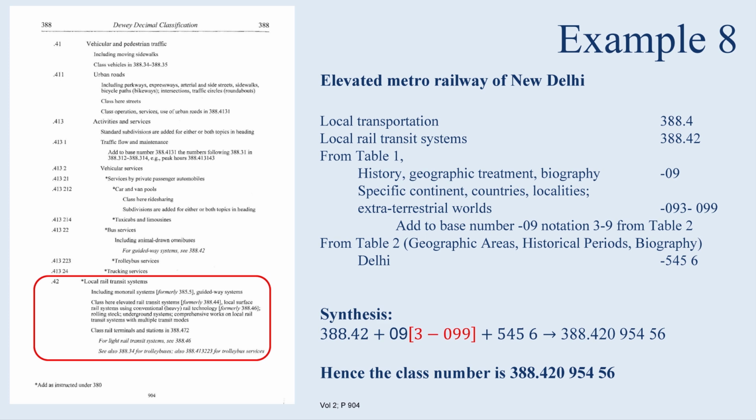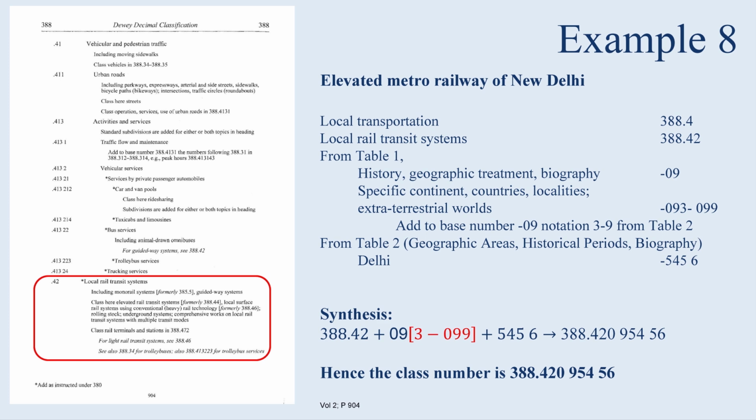So under the rail transit system, you will find all kinds of railway systems that serve locally. Previously, there were different numbers for metro railway or elevated railway, but in the present edition, there is an optional number and DDC tells us to prefer the number 388.42 for any kind of local rail transit system.